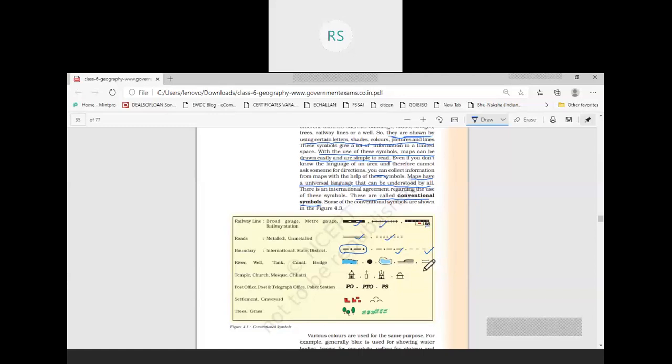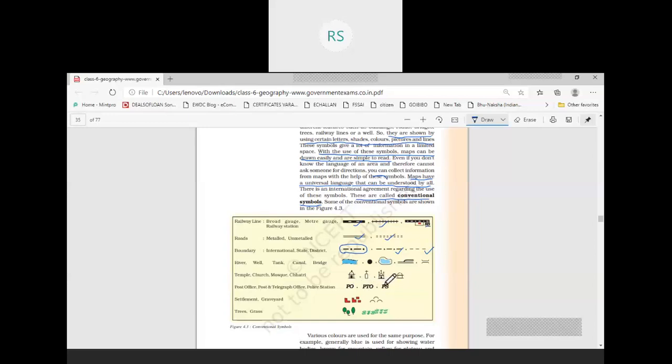These are conventional symbols. These are the symbols which are shown by everyone in a map because there is an international agreement regarding these symbols. Okay, then we can see this is the symbol of a temple, and then this is the symbol of church. You can see the cross in this symbol of church.